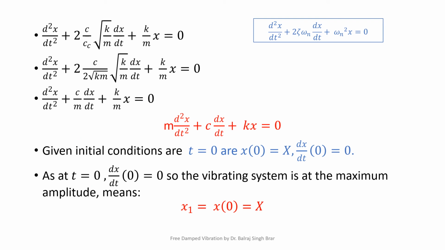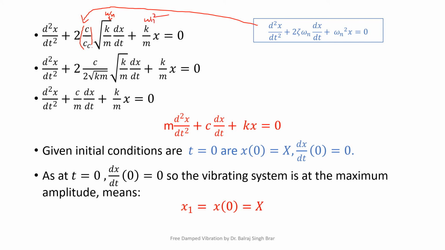Now, differential equation given is d2x by dt square plus 2 zeta omega n dx by dt plus omega n square x is equal to 0. We solve this. We put value of zeta, from definition it is C by critical damping coefficient, and value of omega n is under root of K by m, and omega n square is K by m.